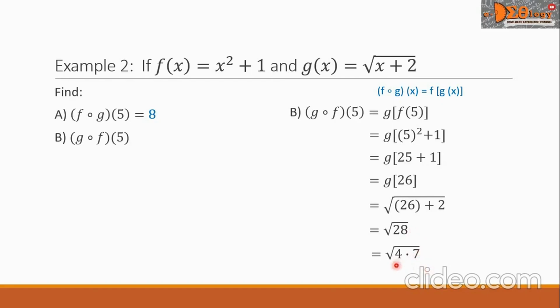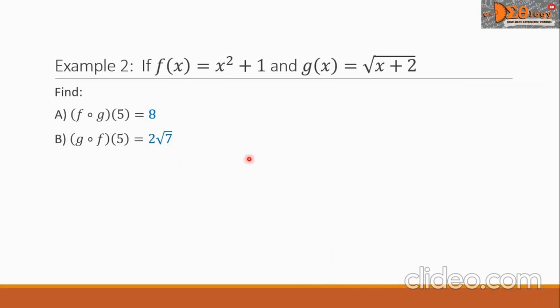And this number 4 is a perfect square number that we can move out of the radical sign. So the final answer is 2 square root of 7. This value is our g composed with f at 5. And we can copy this value opposite letter B.